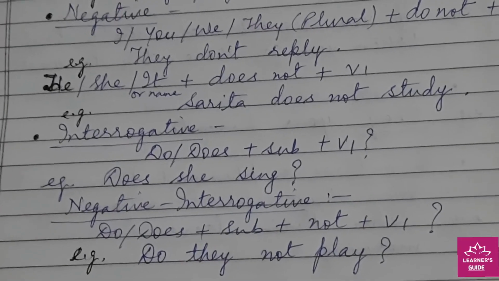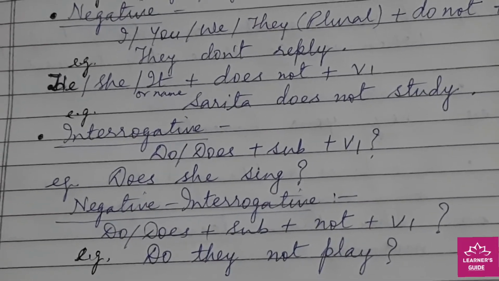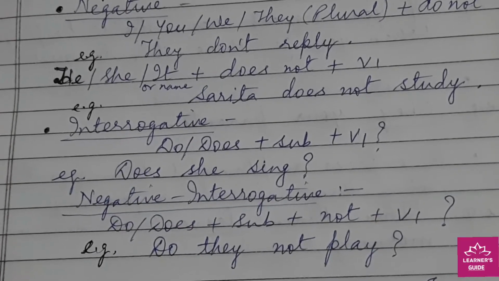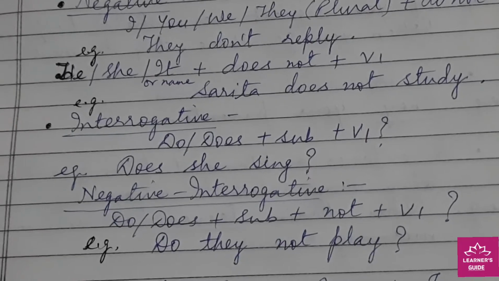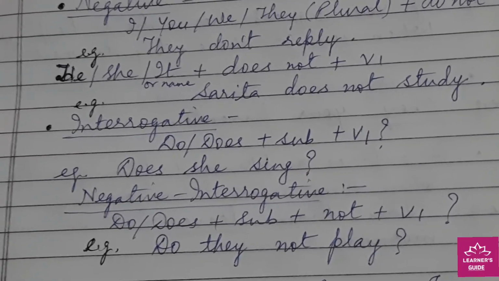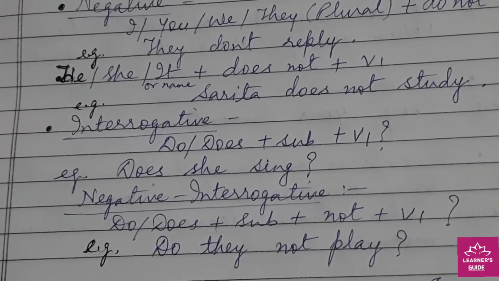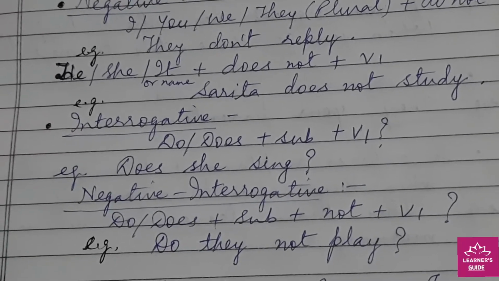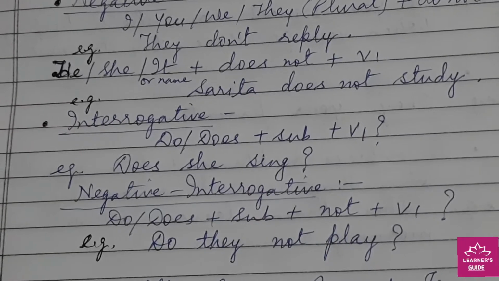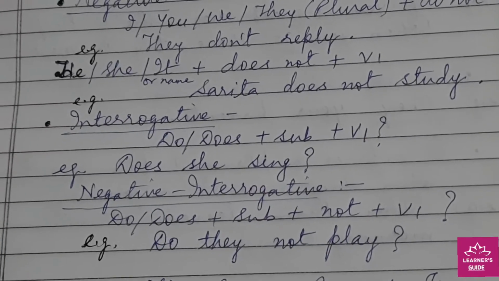So the subjects can be any, like it can be masculine gender, he, third person, or feminine gender, third person, she, or anyone's name, or it, and along with that we write does not or doesn't plus verb's first form is used.